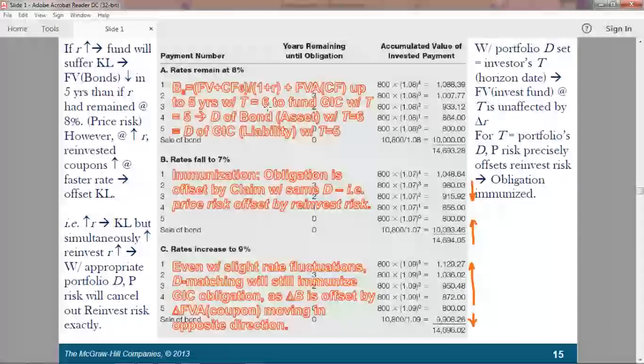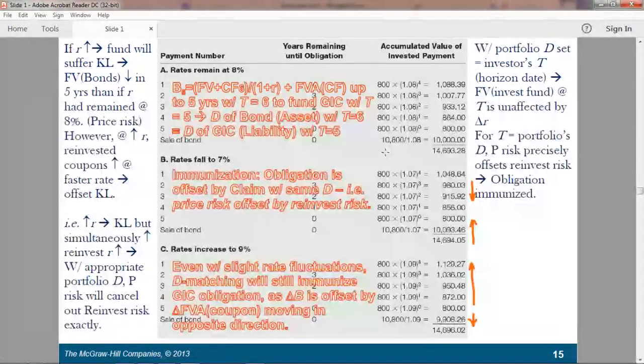By the end of year 5, it will earn interest 4 times compounded. So it's going to be this. Second 800 is going to be this. Third 800 is going to be this. And so the fifth 800 will still be 800 because it's not getting compounded.